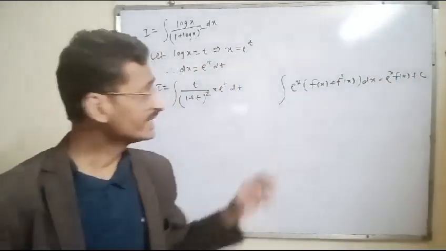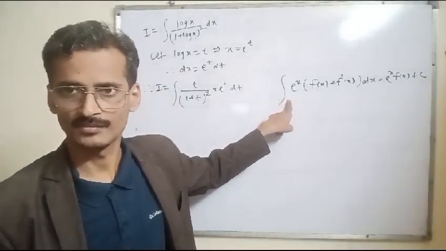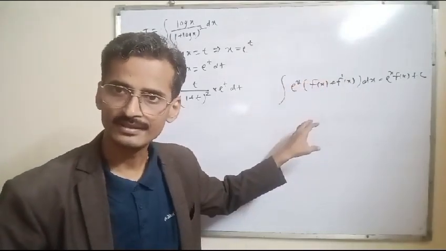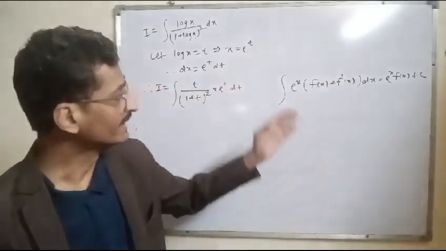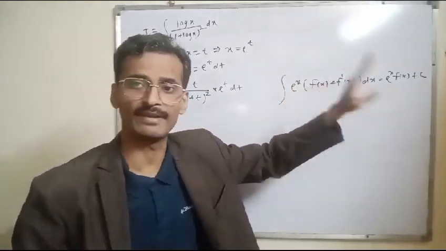Right? So what is this formula exactly? We want first e raised to x. In bracket we want some function f(x) plus the derivative of that, that is f dash of x. Then the answer is e raised to x into this function f(x).